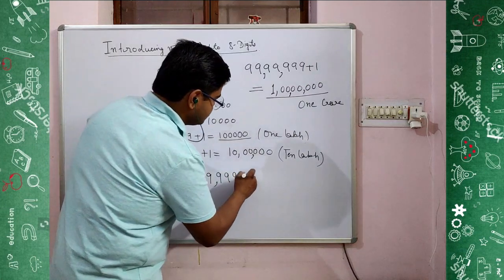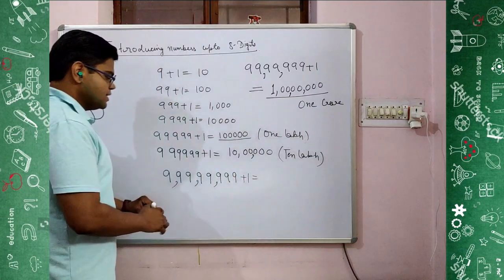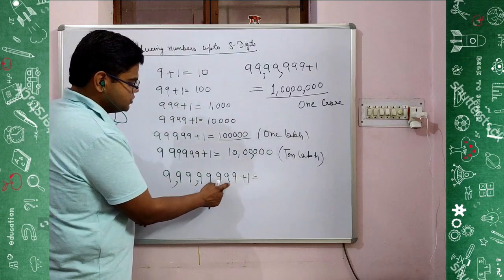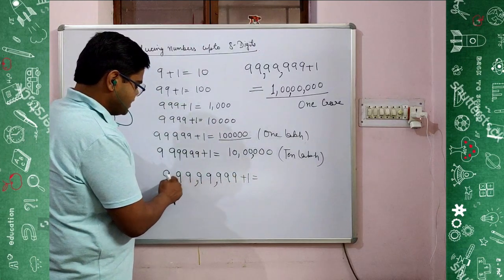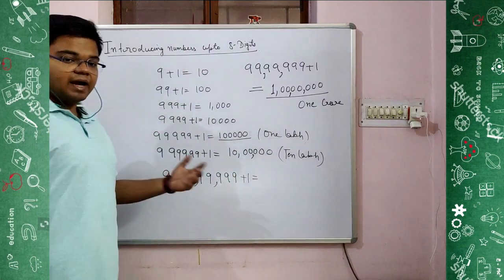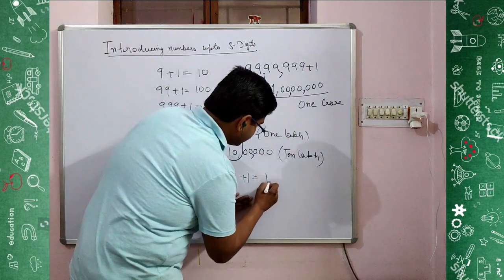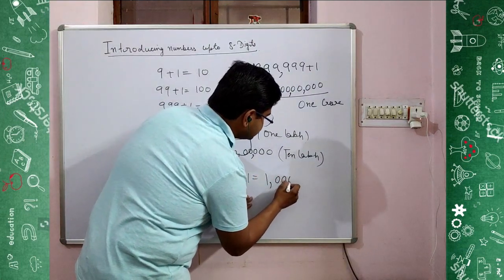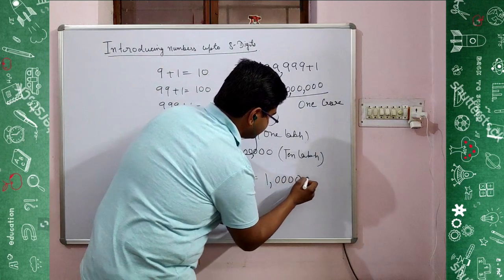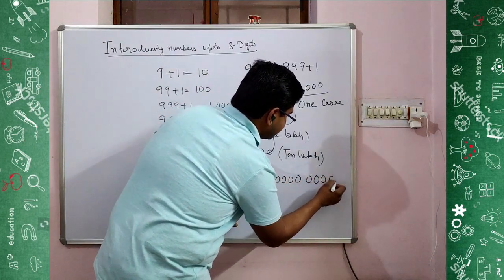Ones, tens, hundreds, thousands, ten thousands, lakh, 10 lakh, crore. And if we add 1 to it, how many digits are here? 1, 2, 3, 4, 5, 6, 7, 8. It will become a 9-digit number: 1 followed by 8 zeros.